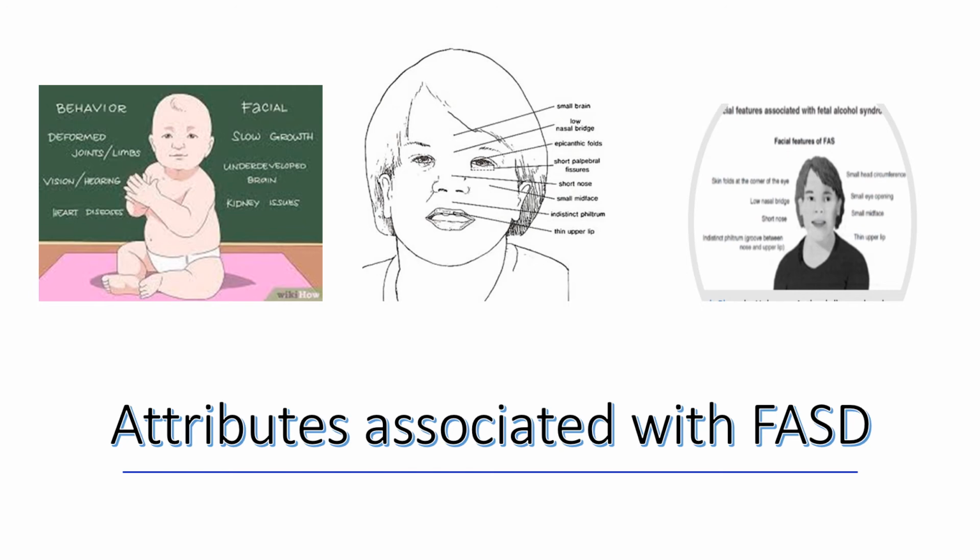Some may have a low nasal bridge, a short nose, a small mid-face, a thin upper lip. They may have deformed joints. Of course, we've noted the vision and the hearing problems, but they may also have heart disorders. So this can affect an infant, but it will affect them for the rest of their lives as well.